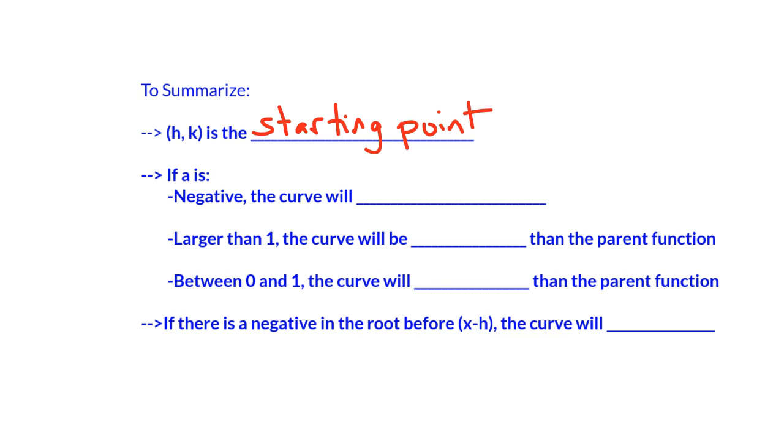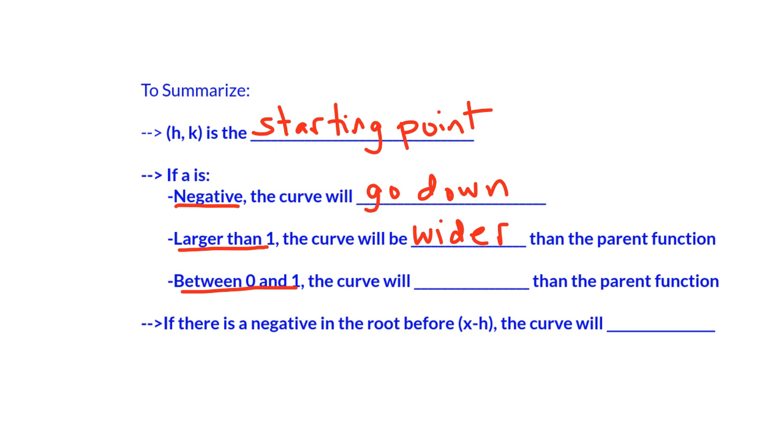A has 3 different things that can happen. It can be negative, it can be larger than 1, and it can be between 0 and 1. If A is negative, remember the curve will go down. If A is larger than 1, like the equation where A was 3 times the square root of x, that means the curve will be wider than the parent function.